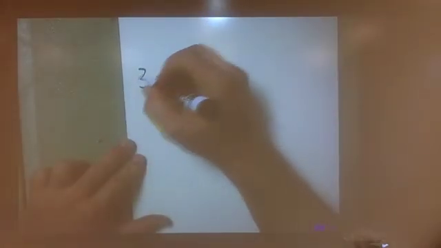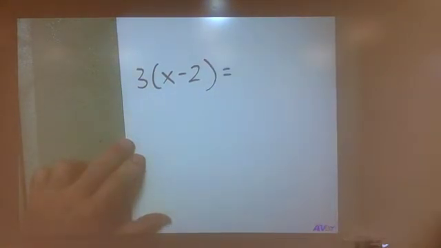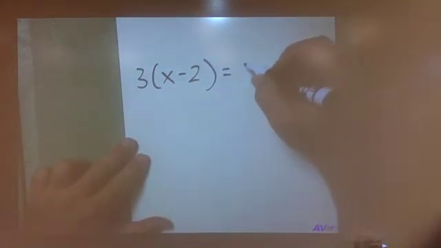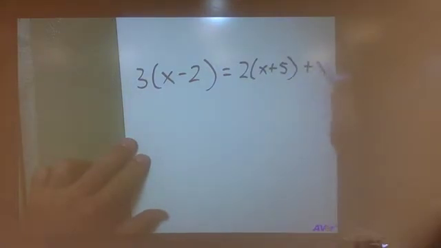Well, this is when it gets a little bit more complicated, when you have a variable on each side of the equation. So let's say you have something that looks like this. Let's say you have 3 times the quantity x minus 2 is equal to, let's say, 2 times the quantity x plus 5 plus x.